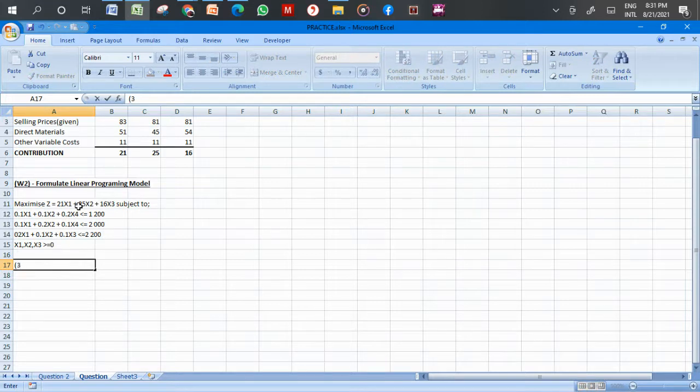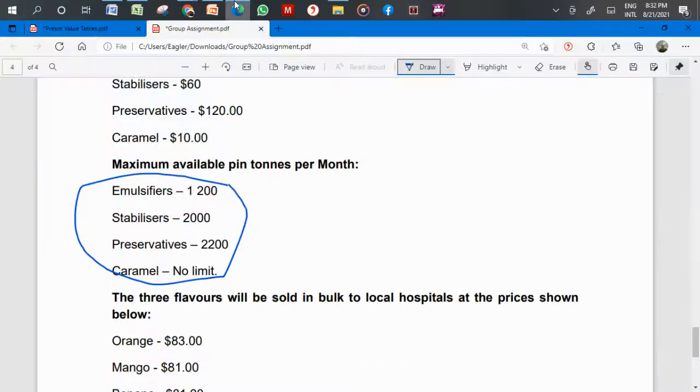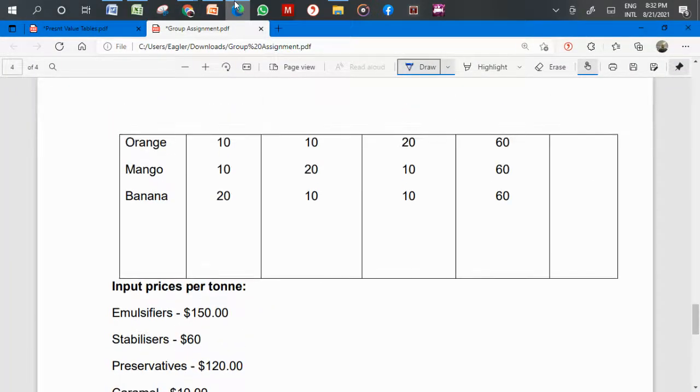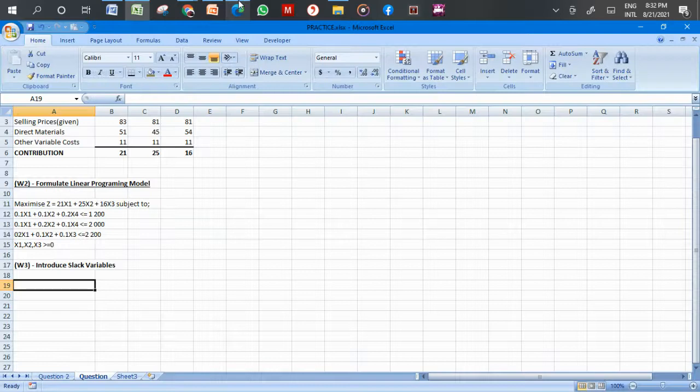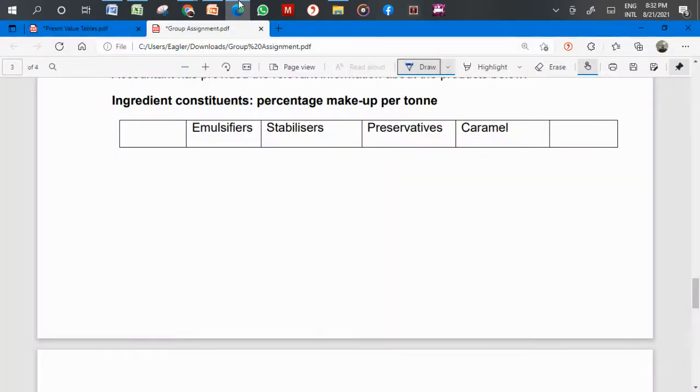Let's go to working number 3 without delay. Working number 3, let's introduce slack variables. By slack variables, we are saying, because we want to maximize contribution here, in order to reach the maximum contribution, we might have some tons of emulsifiers that won't be used, or caramel or stabilizer that won't be used.